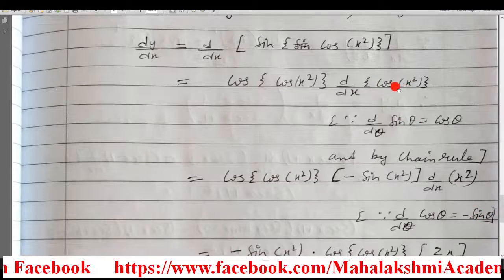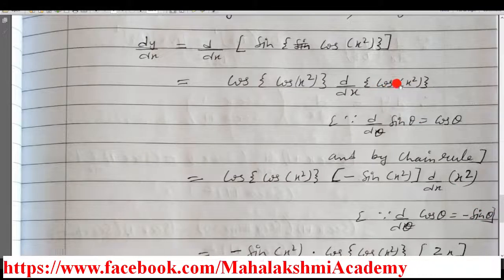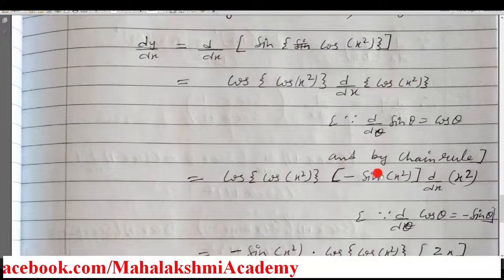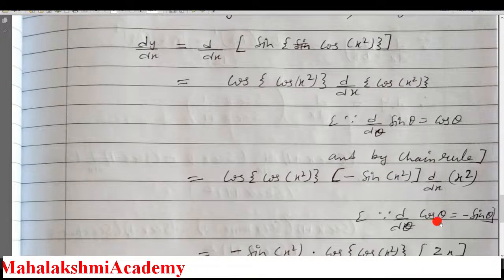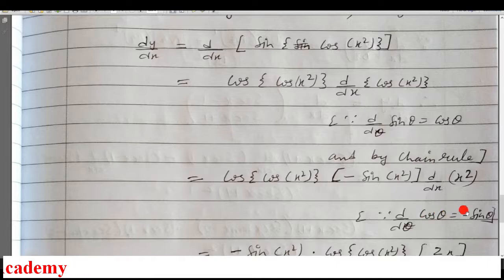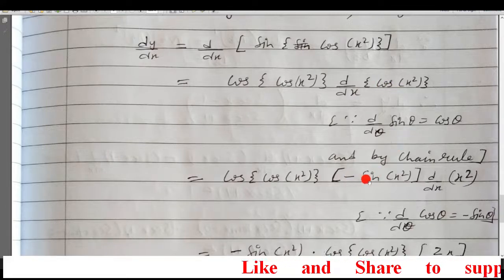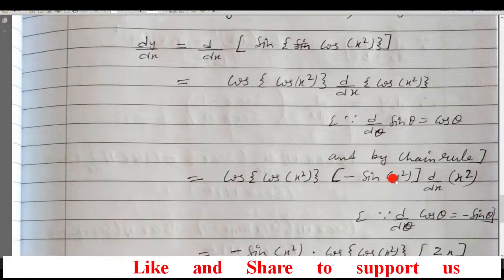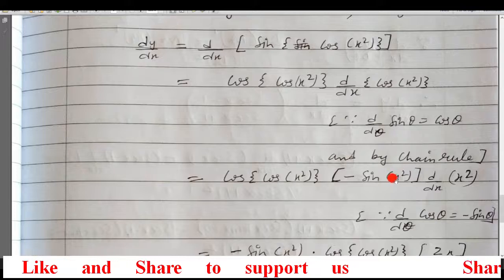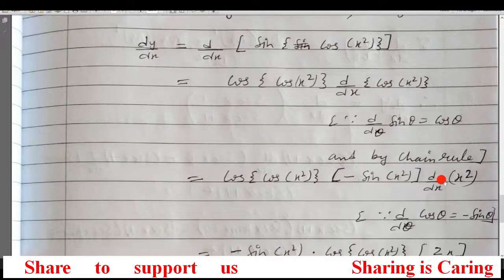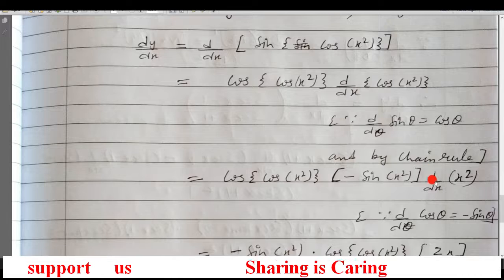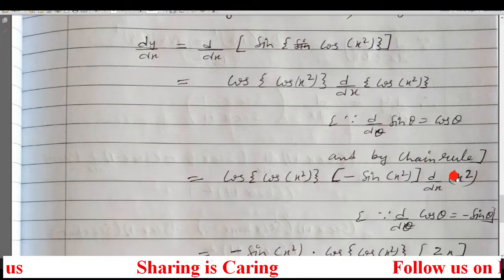So its differentiation is going to be minus sin, and this complete will behave as theta. I hope it's clear to you. Cos theta's differentiation is minus sin theta. But it's not only x, it's x square, so you have to differentiate it again by the chain rule. So when we differentiate it, the symbol will come like this.